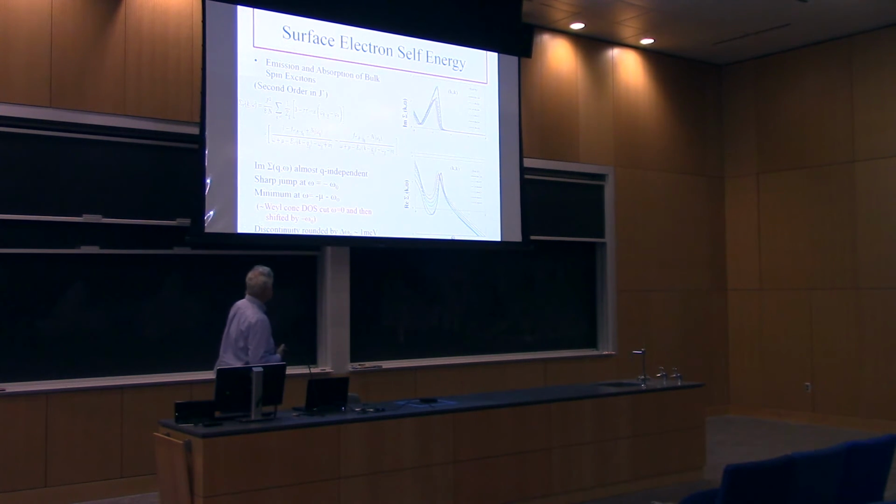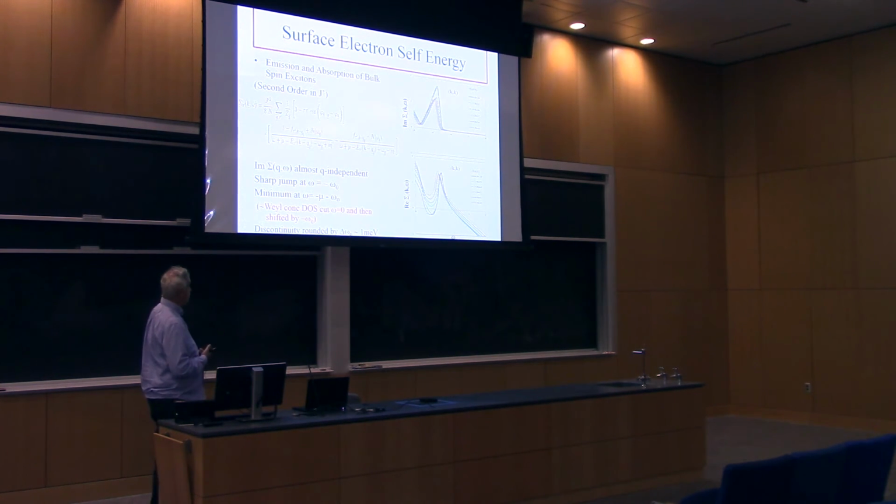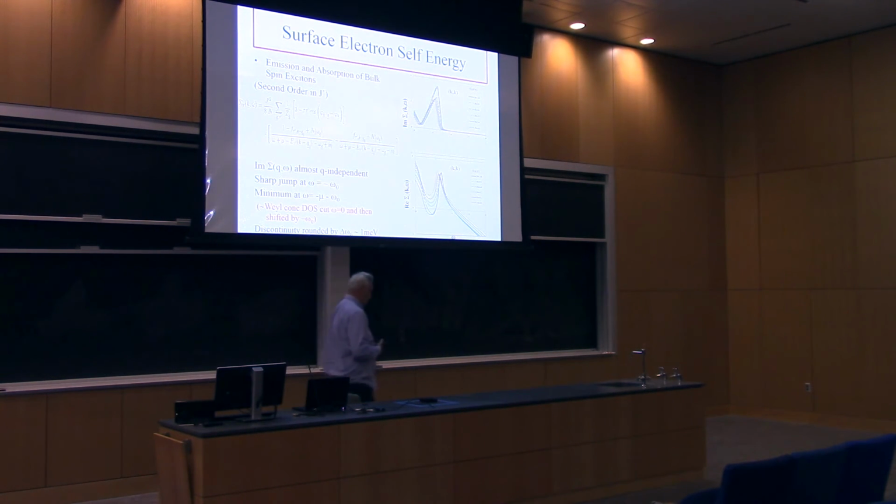Okay, so now what I want to do is just calculate the self-energy of the surface states due to the emission and absorption of bosons. As was mentioned yesterday by Jim Friedrichs and Alexander, from phase-space arguments, what you can say is that the imaginary part of the self-energy gets split into two parts.